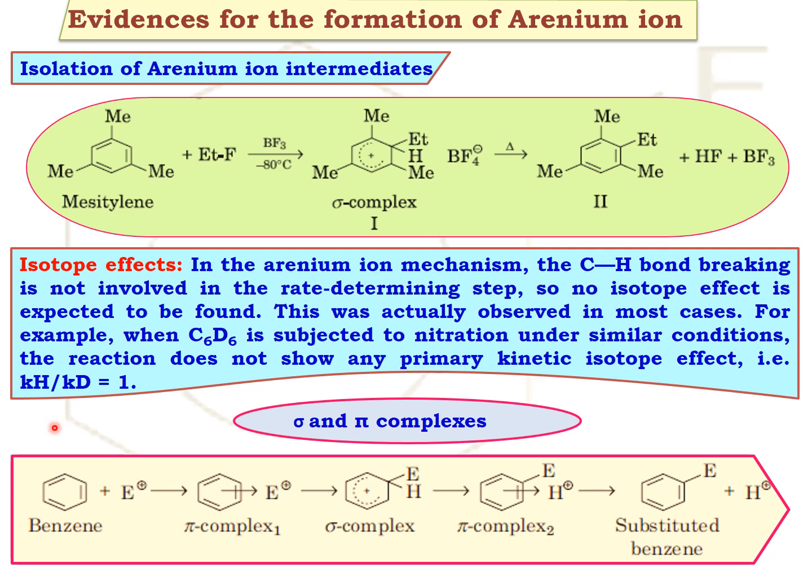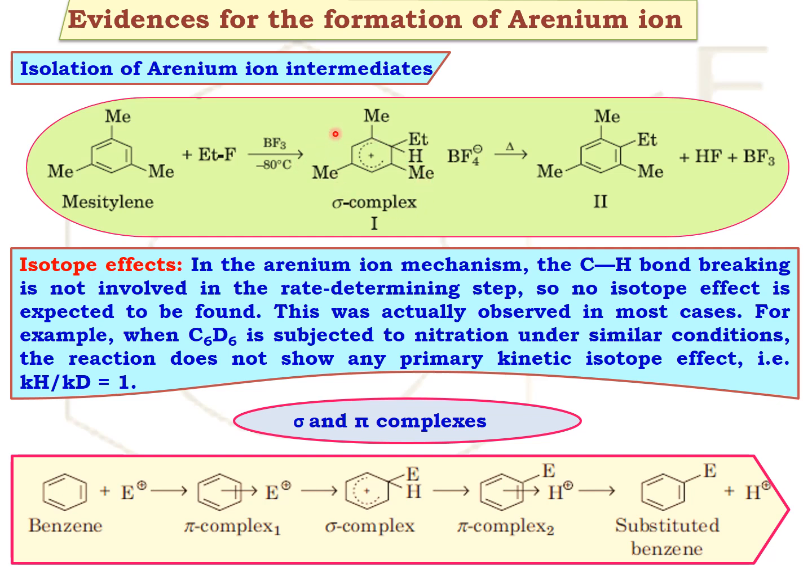Let us see the evidences for the formation of arenium ion. There will be two evidences. First one is the isolation of arenium ion intermediate. That means isolation of the sigma complex. When mesitylene is treated with ethyl fluoride in presence of BF3 at very low temperature, it forms a sigma complex.